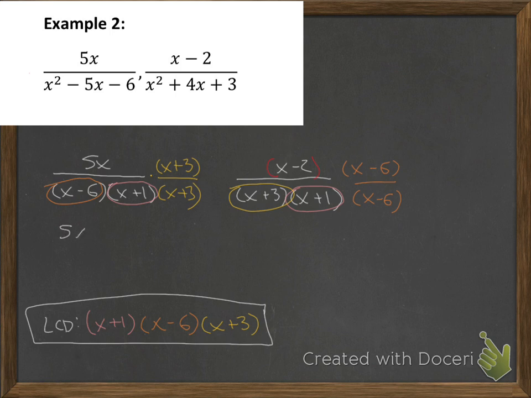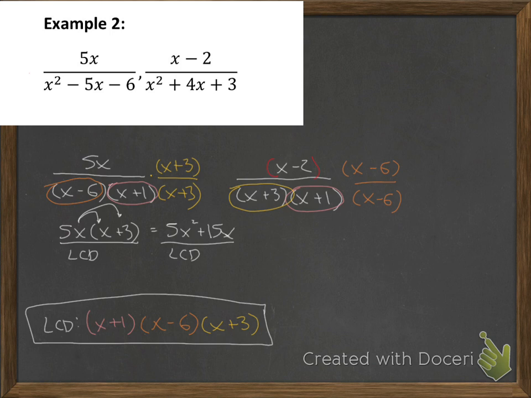So let's see if we can do that. We have 5x times the quantity x plus 3. We distribute the 5x, and we get 5x squared plus 15x. That's going to be the numerator, divided by the LCD. I'll put it all together and show you the final answer in a second.